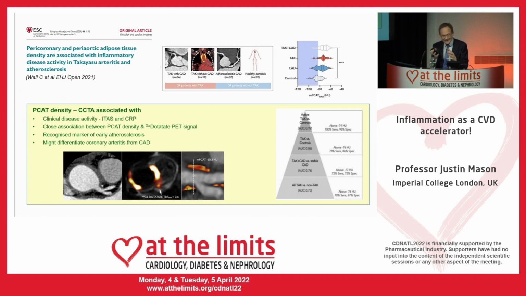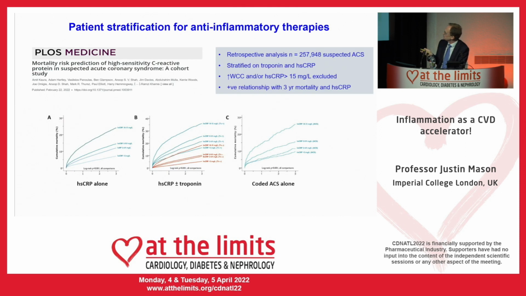We felt that it was representing a recognized marker of early atherosclerosis, so again helping us to select the most vulnerable patient, and may also discriminate coronary arteritis from atherosclerosis, which is a bit of a niche challenge for those of us in the vasculitides.